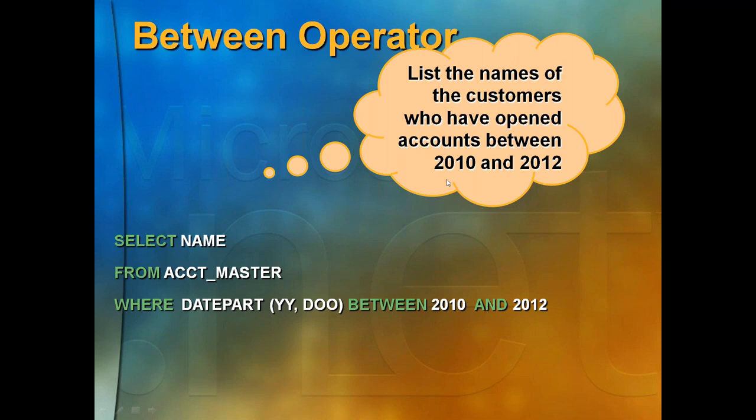To bring out the year number, we know that we must use the DATEPART function: DATEPART(YYYY) between 2010 and 2012. Symbols will not work, and you cannot say 2010 'to' 2012; 'to' will not work because it is not English. It is SQL syntax that we are writing.